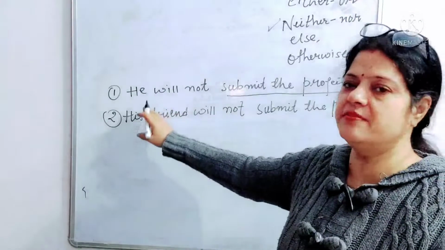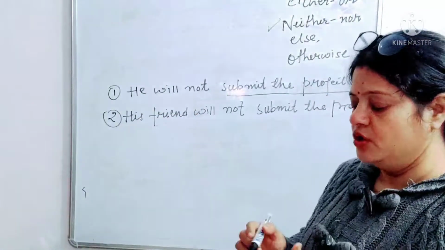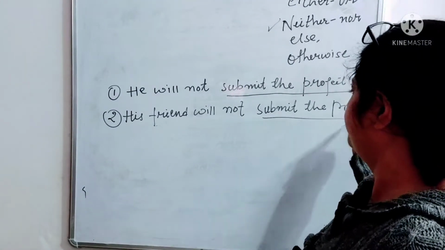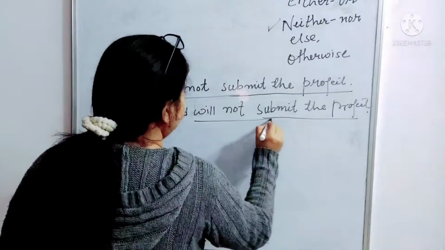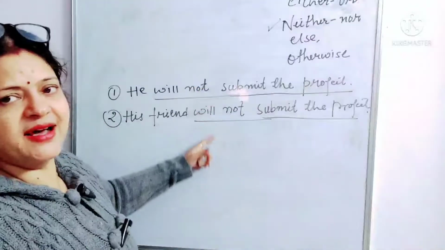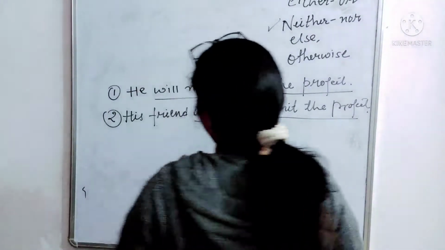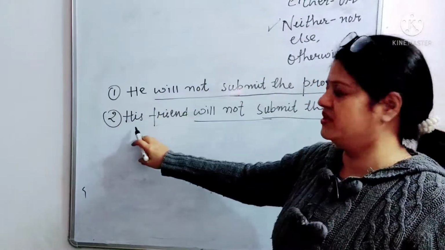So we have different subjects but the same predicate part. So we will write will not submit the project. Till here we see that these are common, only the subject is different. So we are going to write neither before this subject and nor before this subject.